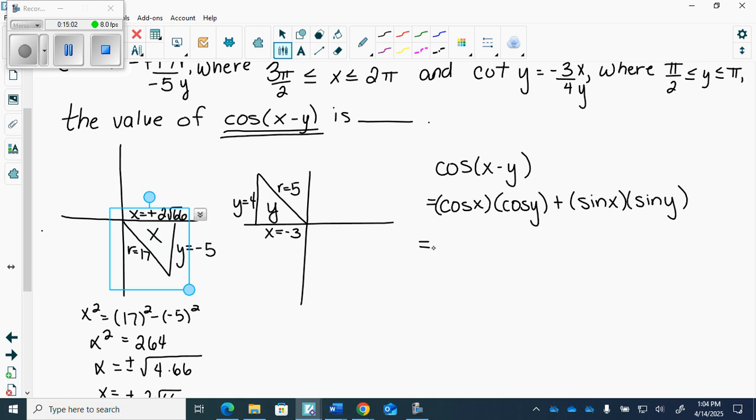So cos of x is cook extra rice, so it's 2 root 66 over 17. Cos of y is cook extra rice, negative 3 over 5. Sine of x is sine your resume, so negative 5 over 17. And sine of y is 4 over 5.